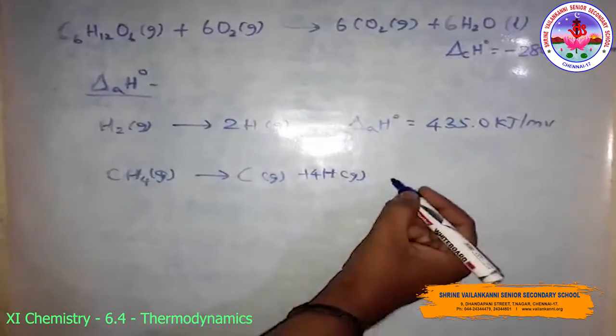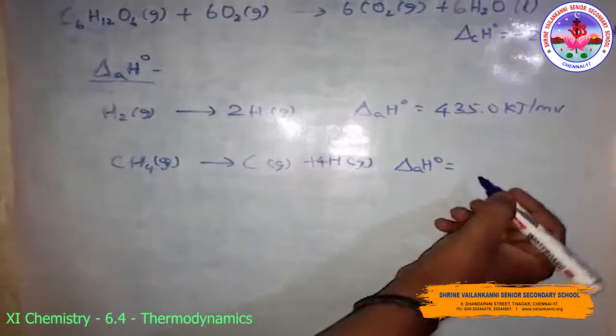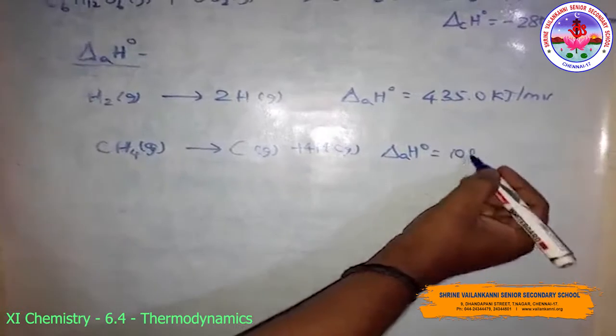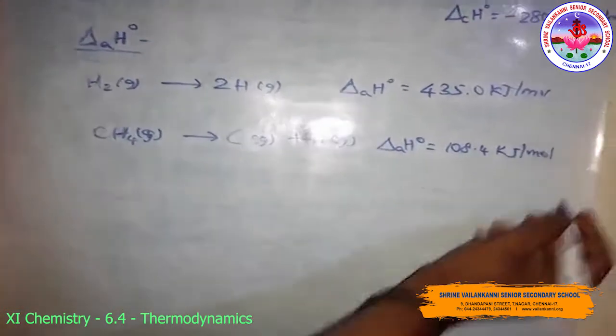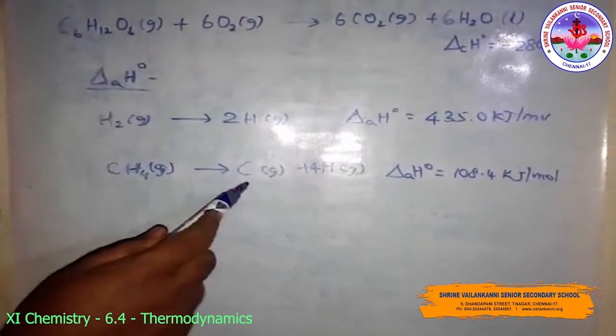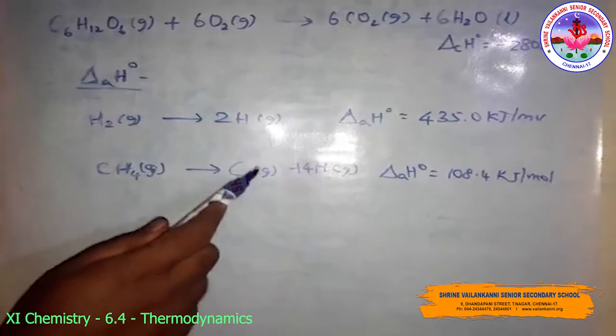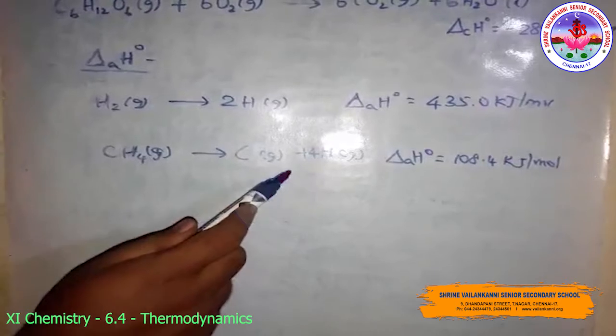Here the standard enthalpy of atomization is 108.4 kilojoule per mole. Look at the products: the products are only atoms of carbon and hydrogen in the gaseous phase.